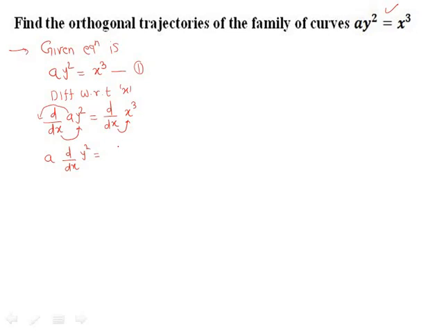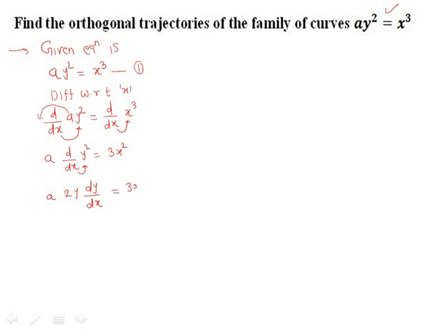On the right hand side, the derivative of x cube is 3x square. The derivative of y square is 2y, and into the derivative of y with respect to x, which we have to write each time, that is dy by dx.